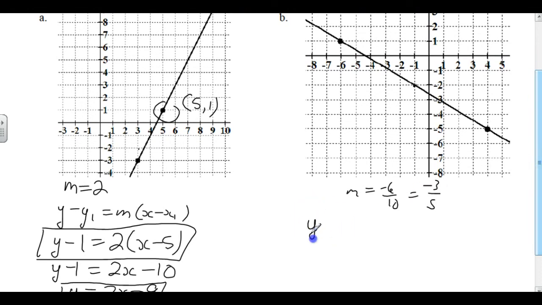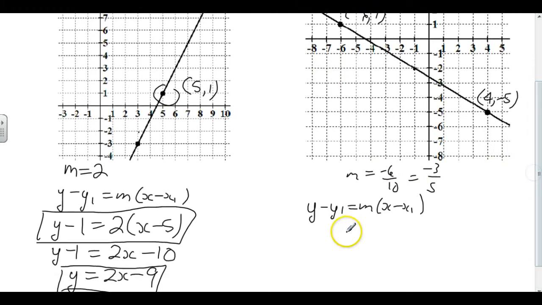But hey, you can count. So y minus y1 is equal to m times (x minus x1). Choose a point. So this is (4, -5), or we could choose the point (-6, 1). Doesn't matter, except then we'll get different looking equations, right?